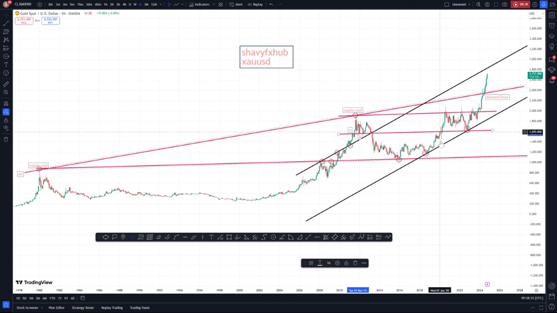Then price came back in the month of April 2013 and broke the support structure. And we returned again in the month of October 2019 and respected the resistance structure before price broke it in March 2020. Now price moved from supply to demand. So another switch from a supply phase to demand phase.